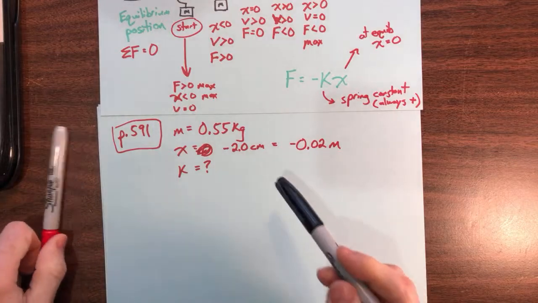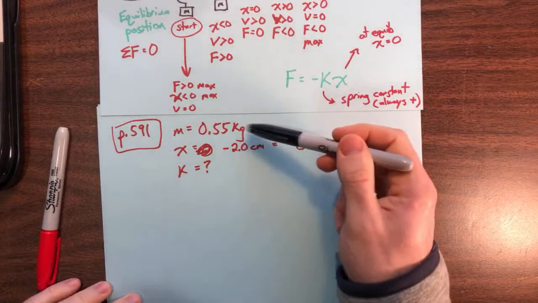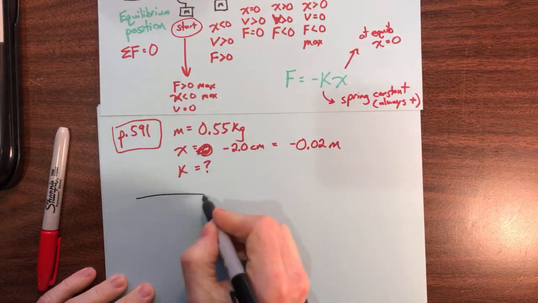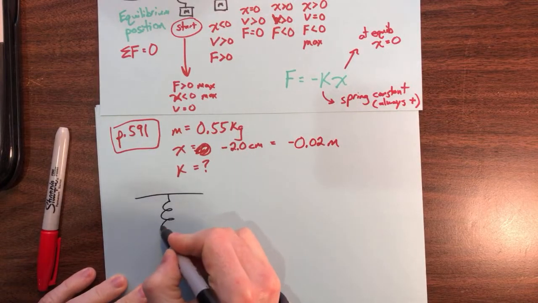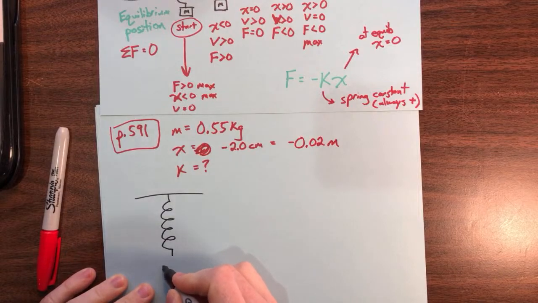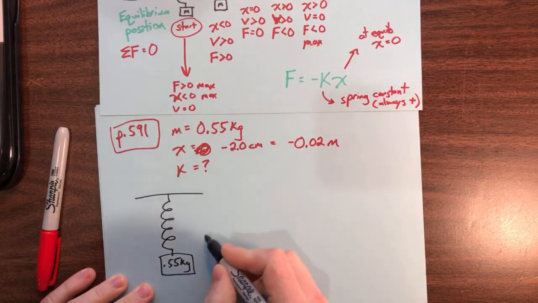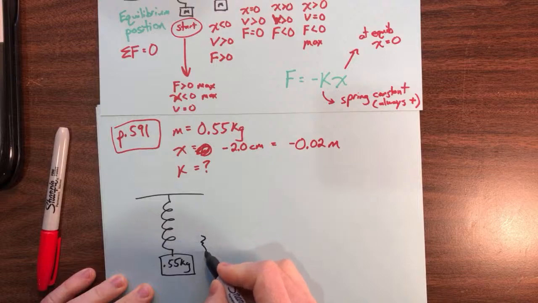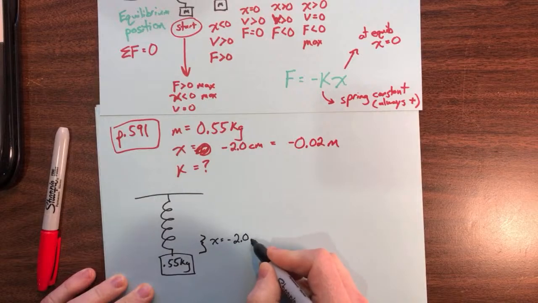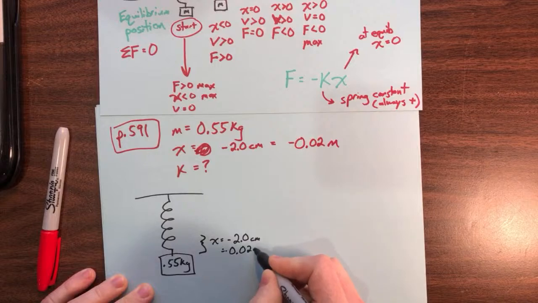And so that x is going to be relative to without the mass on there. So we have this spring that's going to be stretched down, and the mass is 0.55 kg. Our x is downward, so x is going to be negative 2 centimeters, or negative 0.02 meters.